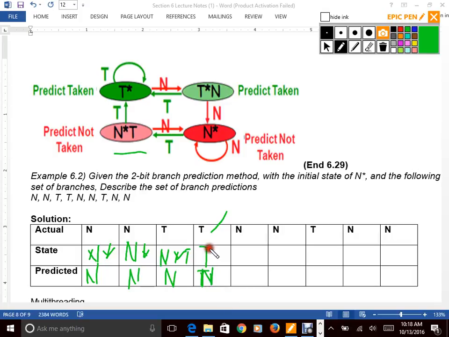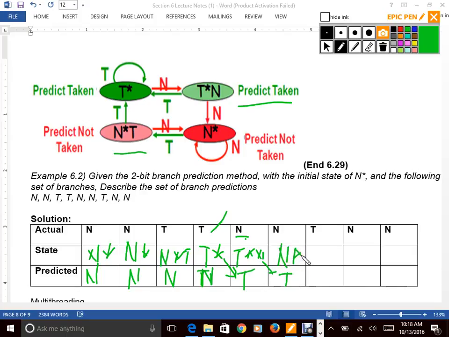T star. So we predict taken. It's not taken. So where do we end up? T star N. Very good. Here again, now we're going to predict T. We still predict taken, but we're not doing it. So now we end up in N star.